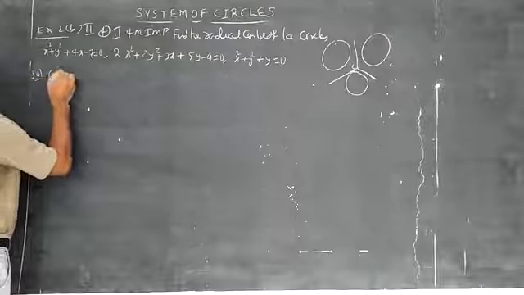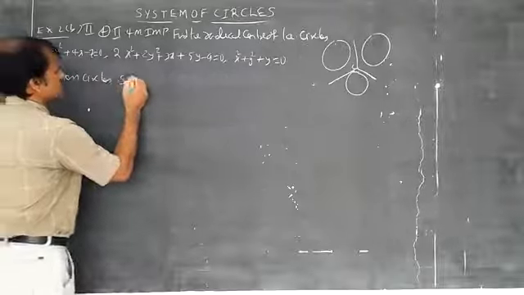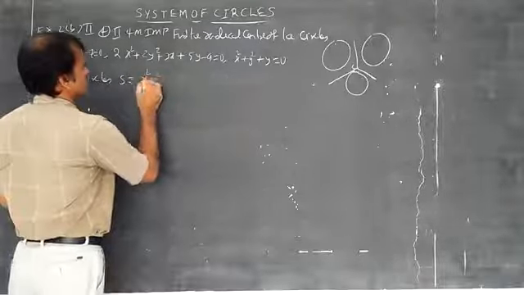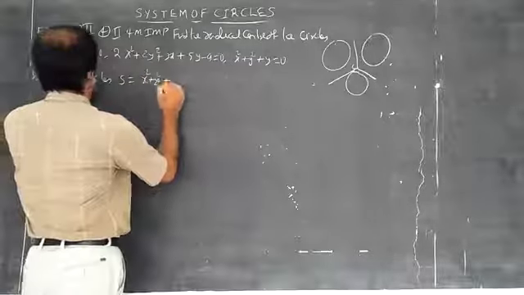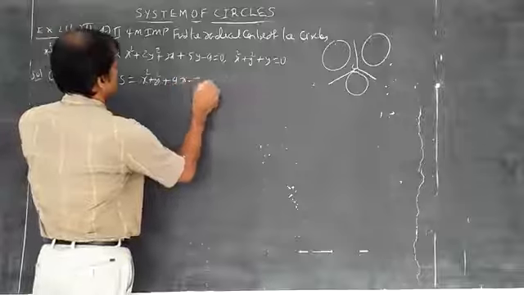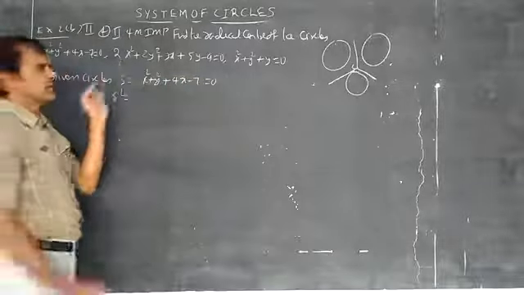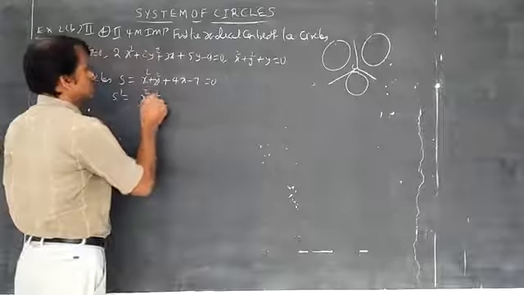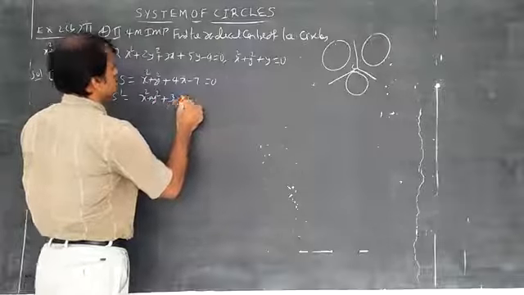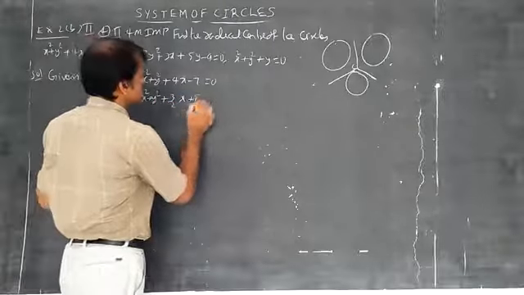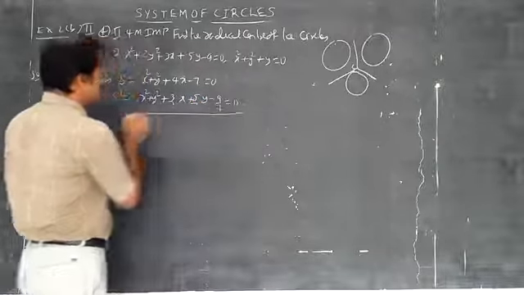Given circles, I am writing. Write the first one: x square plus y square plus 4x minus 7 equal to 0. Next, S dash, write with standardization. Standardization is required here: x square plus y square plus 3 by 2x plus 5 by 2y minus 9 by 2 equal to 0.